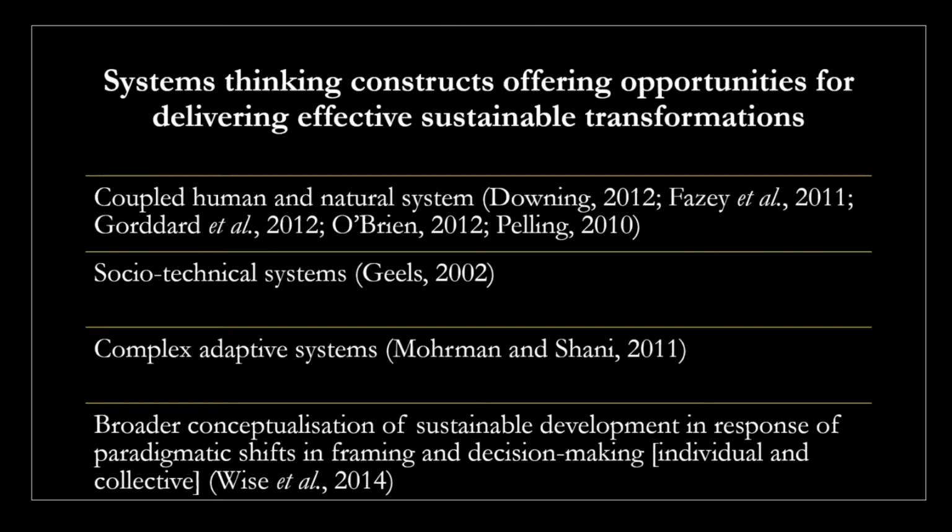Finally, owing to the several critical requirements for decision-making in effective sustainable transformation, a broader conceptualization of sustainable development has a potential to deliver paradigmatic shifts in framing and decision-making. And therefore, we need to think very, very broadly about our sustainable development.